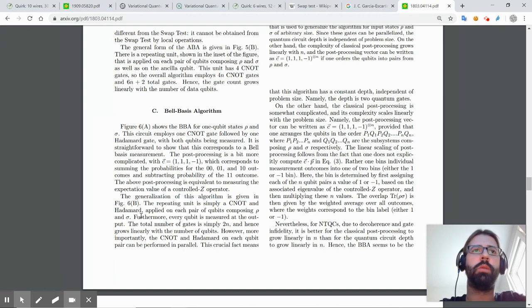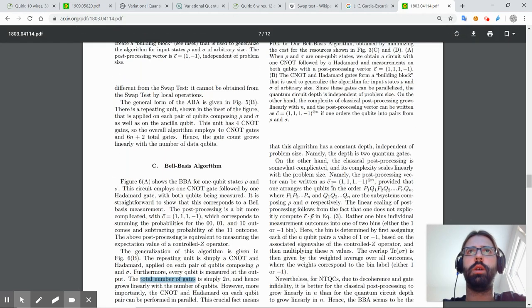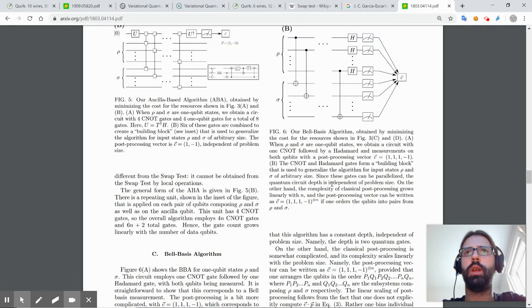Okay, so the post-processing is a bit different. The total number of gates, okay, but how is the post-processing then? Our Bell basis algorithm obtained by minimizing the cost for the resources, shown in figure 3, when rho and sigma are one-qubit states.